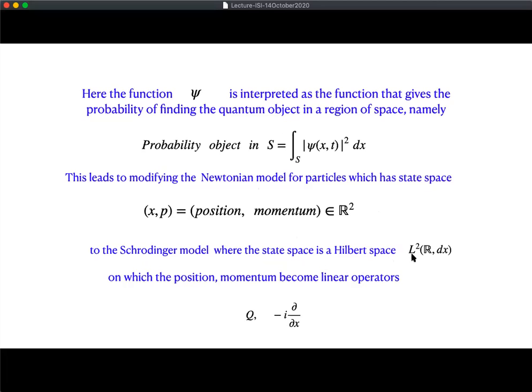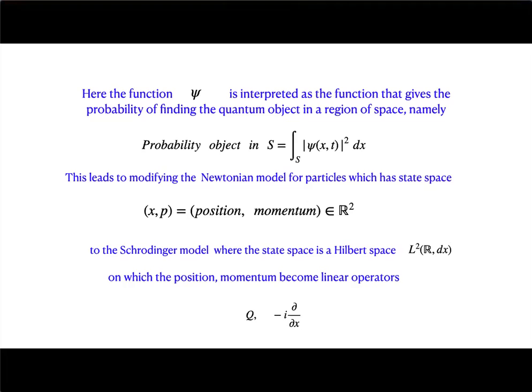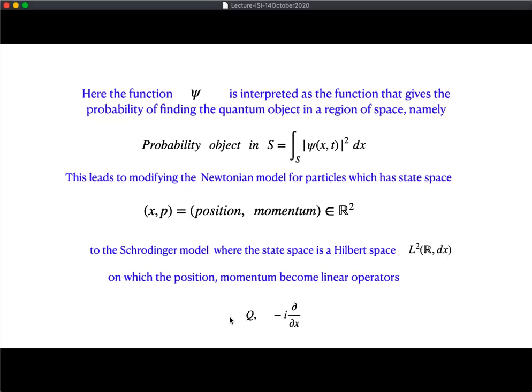Unlike the classical case, where a point in the state space itself gives you position and momentum, here, because it's a cloud that parameterizes the state, you need to find a different way of knowing the position of this quantum object and its momentum.